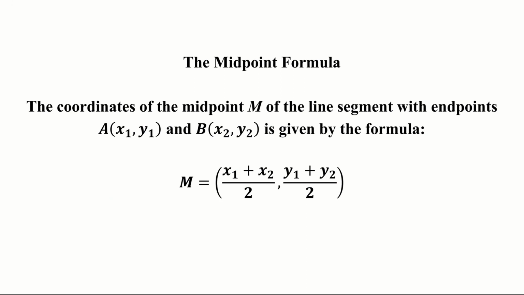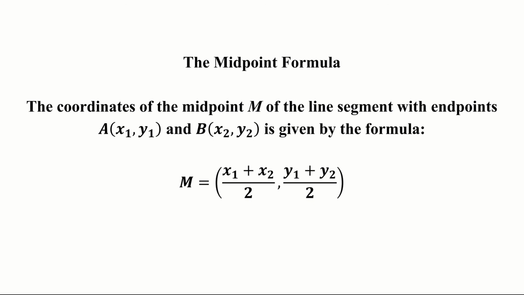One of the other things that we run into having to find from time to time is the midpoint of a given segment. And the coordinates of the midpoint of a segment with endpoints at the point A with coordinates x1, y1, and B with coordinates x2, y2 is given by this formula. It's basically, you know, you find the average of the x values and then the average of the y values, and that gives you the midpoint.